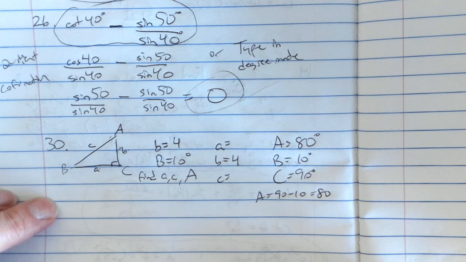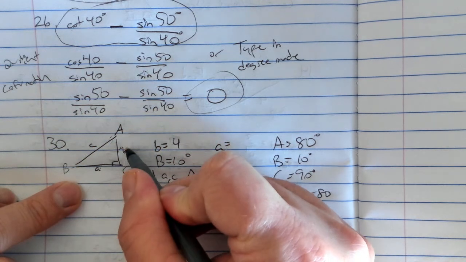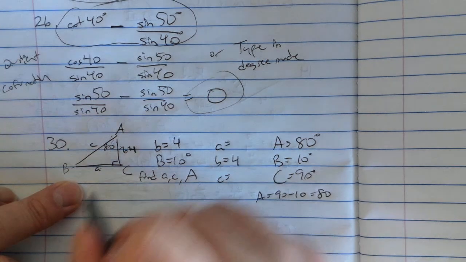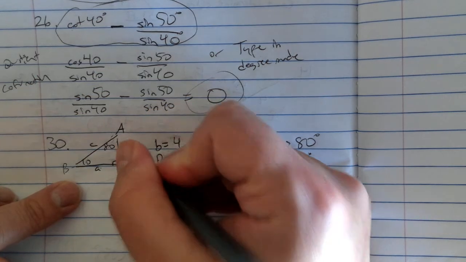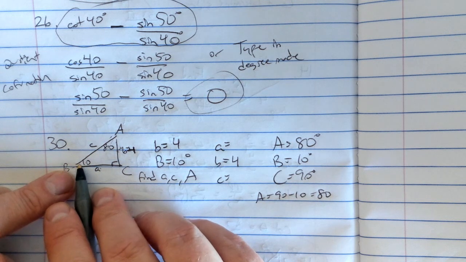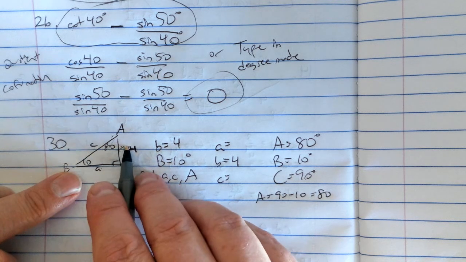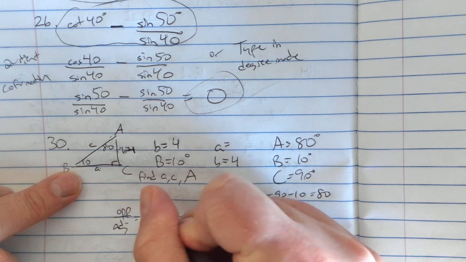So now we know all three angles. So the next part about this is I'm going to label this as 4. We know this is 80 and this is 10. So B equal 4. So what we're going to do is find A, and we're going to do the opposite over the adjacent. So that's tangent.